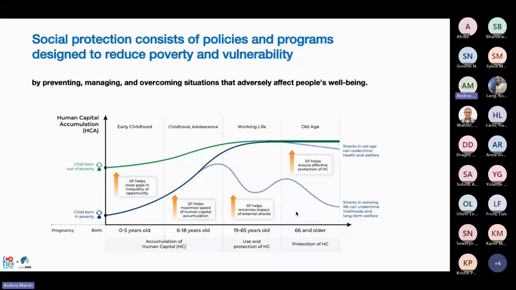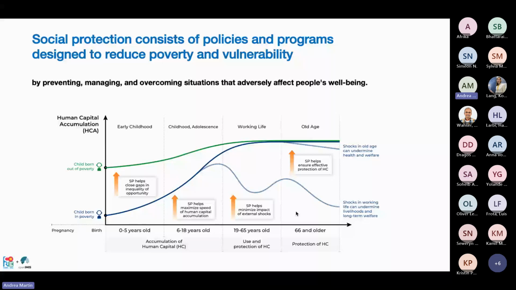So what we can see is that already at the beginning of life, a child born in poverty might have less chance of accumulating human capital and making a better and healthier and longer life. So already there can be initiatives and programs of social protection that can help from the beginning to close the gap in inequality of opportunities.